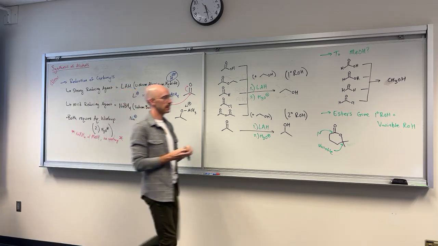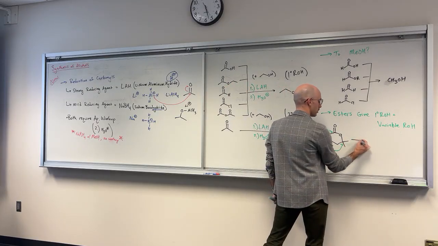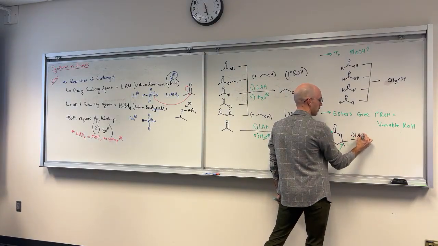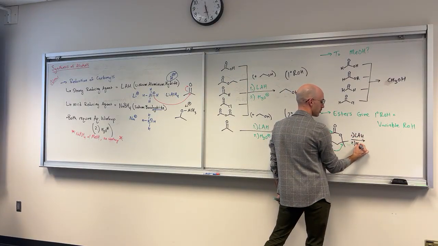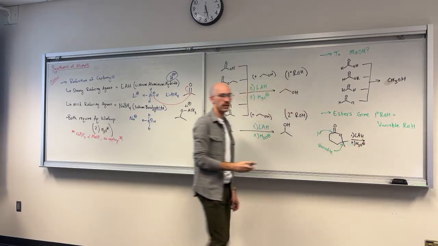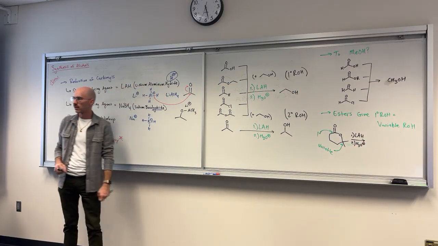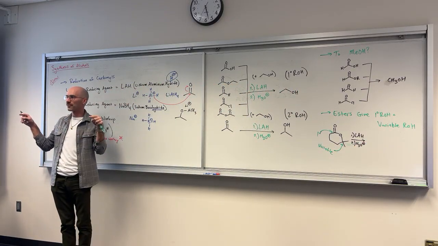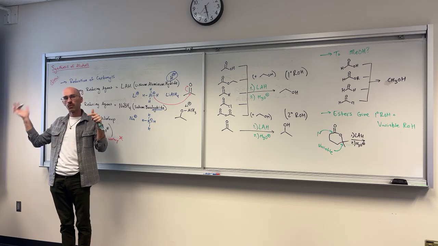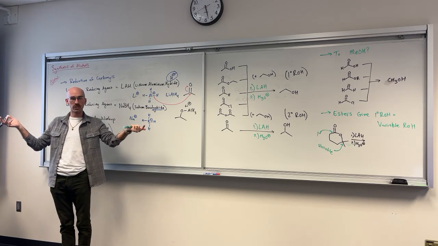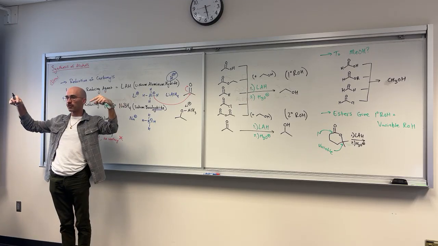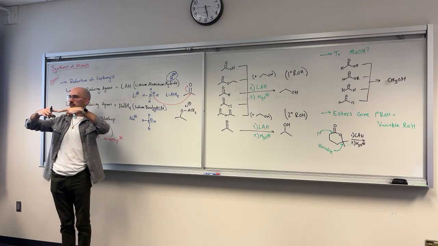So when this is run with LAH and an aqueous workup, first LAH, then H3O+, I get 2 alcohols. 1 alcohol is primary, and 1 alcohol, in this case, will be tertiary, and their R groups connect.